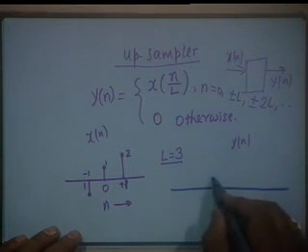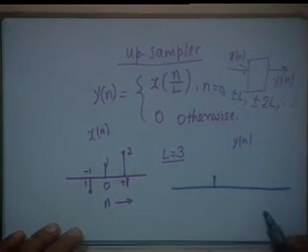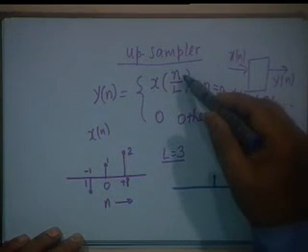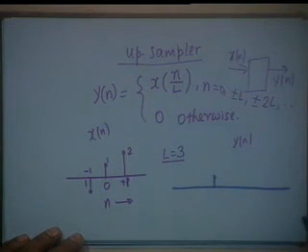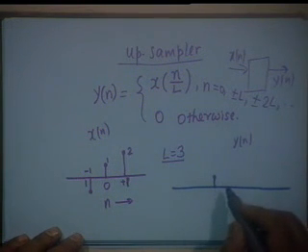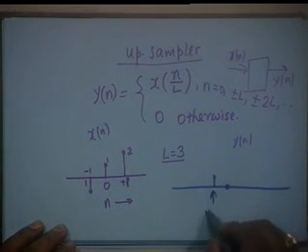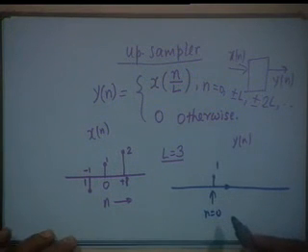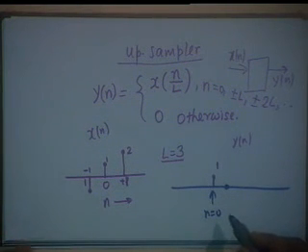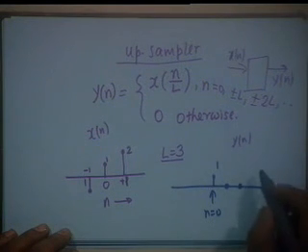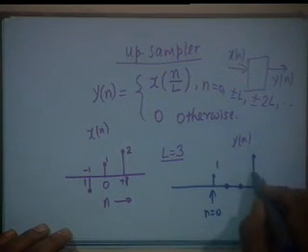At 0 it is 1, okay, n equal to 0, 0 by 3 is 0. Then at n equal to 1, 1 by 3 does not exist. So, n equal to 1, it is 0, n equal to 2, it does not exist, n equal to 3, it exists and the value is 2.